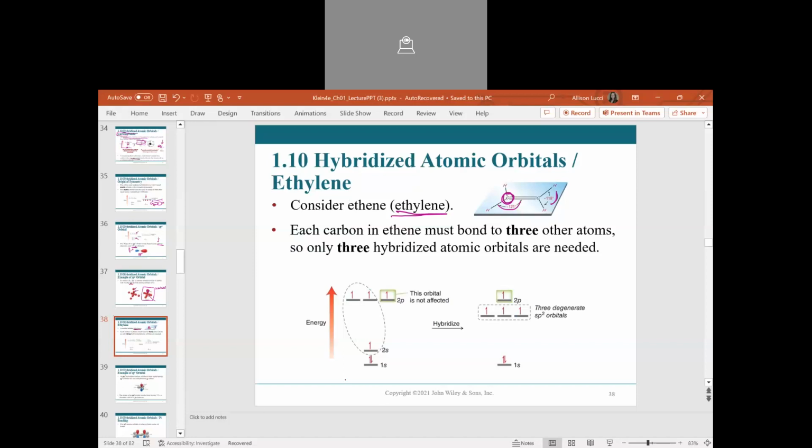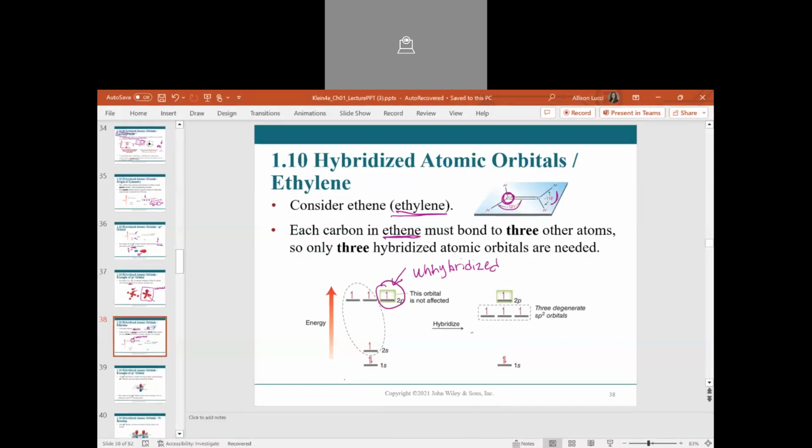So again, we see that in this ethene, aka ethylene, was the common nomenclature, but the same compound we'll reference here. So now we have an unhybridized, if you recall that term, unhybridized p orbital. This unhybridized p orbital is not involved in forming hybridized orbitals.